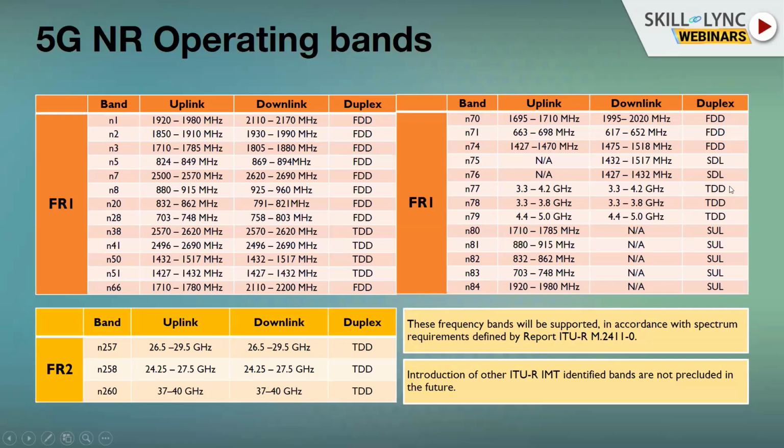We have the supplementary bands: supplementary downlink, SDL, and supplementary uplink, SUL. This is a table defined by 3GPP, and you can refer to it anytime you are documenting or planning, or need other information in your coming projects.